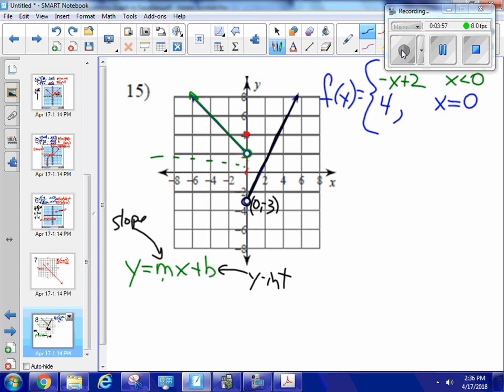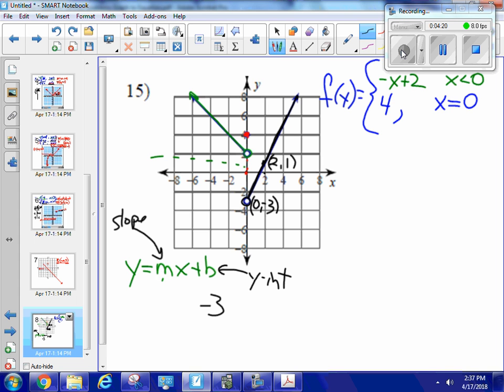So I can see that -3 is going to be my b, so I can write that in right there. And it looks like this point right here is the point 2, 1. I'm going to assume it's 2, 1. I sure hope it is. We're going to go with it.